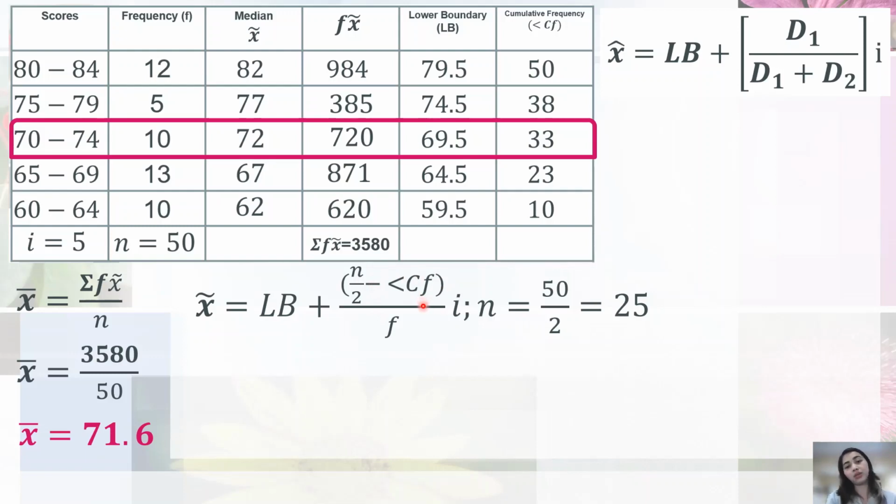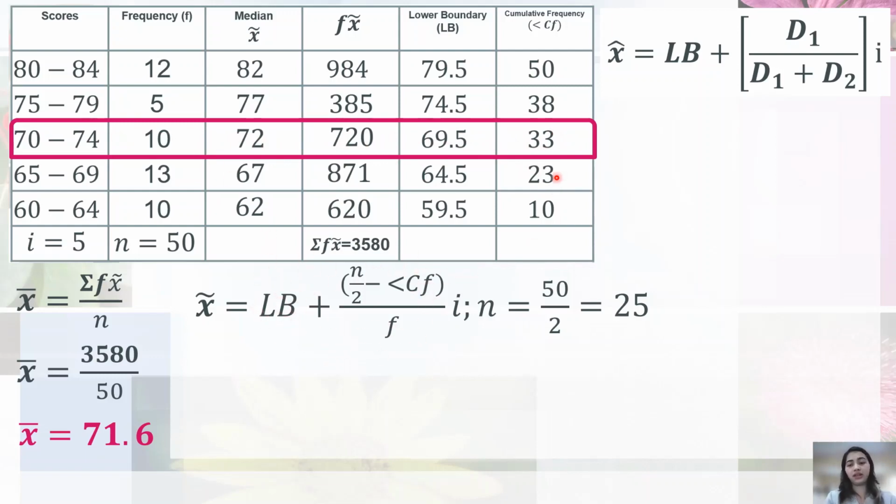Ma'am, where do we get this less than cumulative frequency? This less than cumulative frequency is from the number that fell short. What fell short of 25 is 23, so that is the value we will use, not the 33. The 33 is the one whose row we use for the other values.